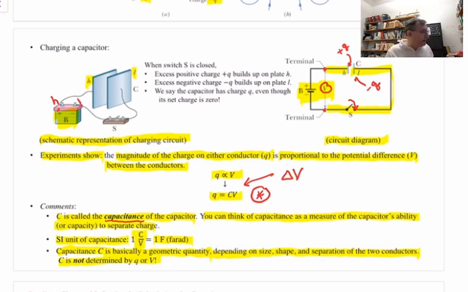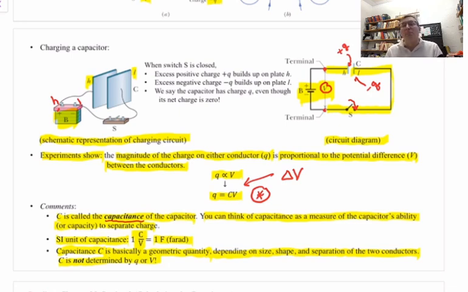Now, the SI unit of capacitance is the farad, but a capacitor with a capacitance of 1 farad, up until not too long ago, would have been unheard of. 1 farad would be thought of as a huge amount of capacitance. What's more common in garden variety capacitors that would be used in electric circuits is to have capacitances of microfarads, 10 to the minus 6 farads, or nanofarads, 10 to the minus 9 farads.